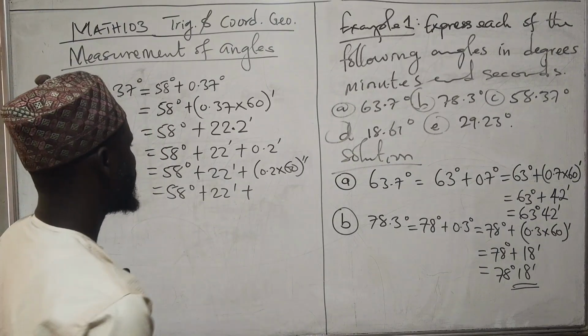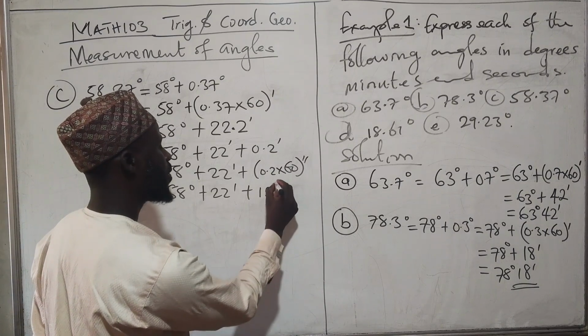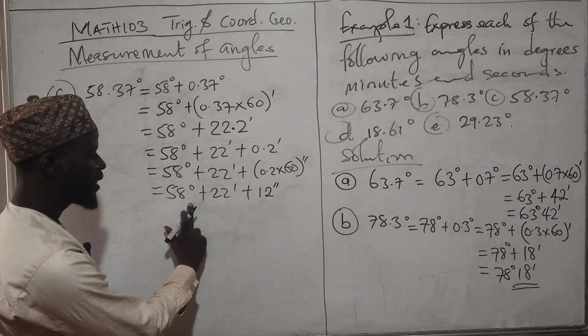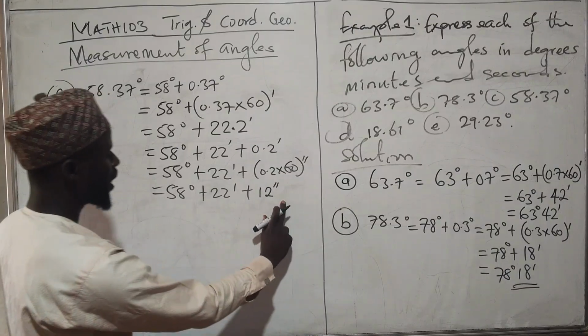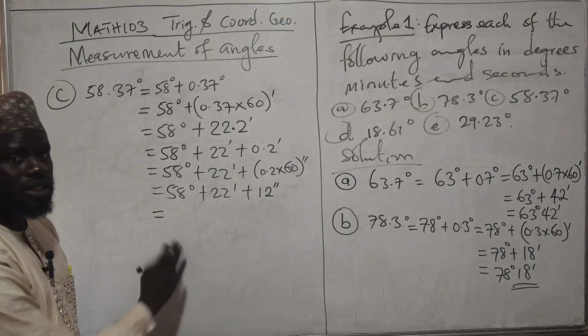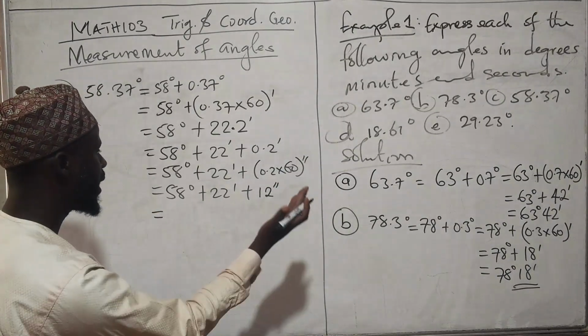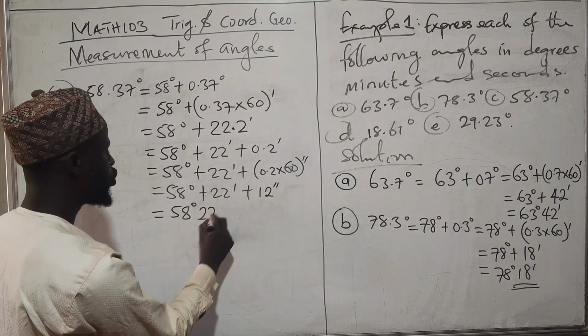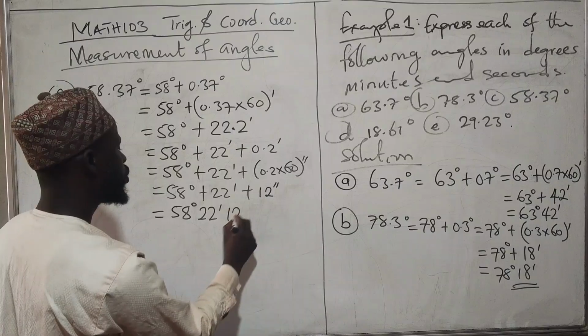So you have 58 degrees, 22 minutes, 12 seconds. Because they are in different measurements, you can write them side by side without any confusion.